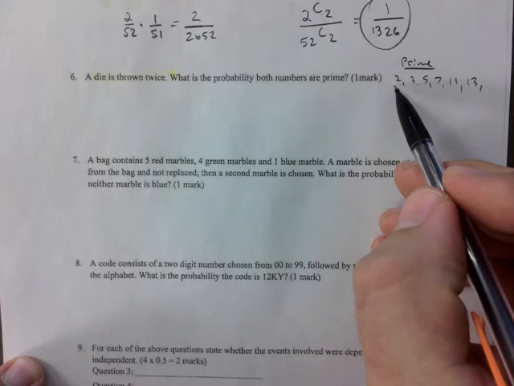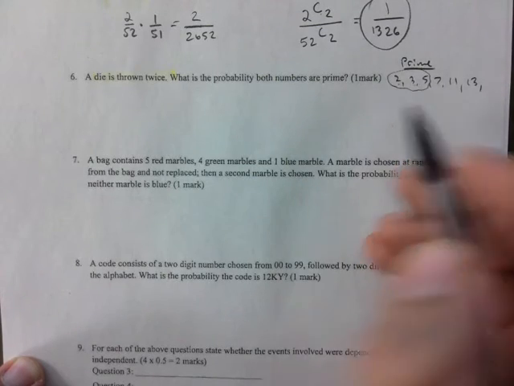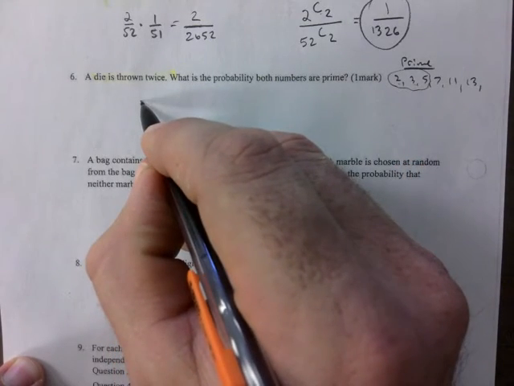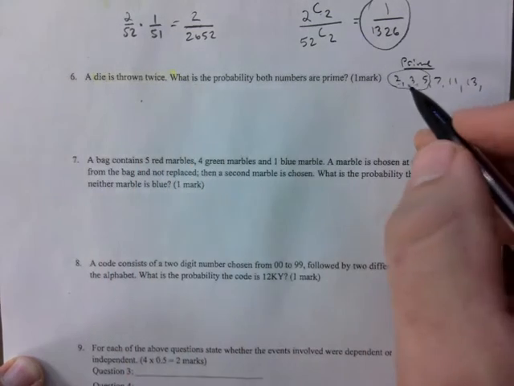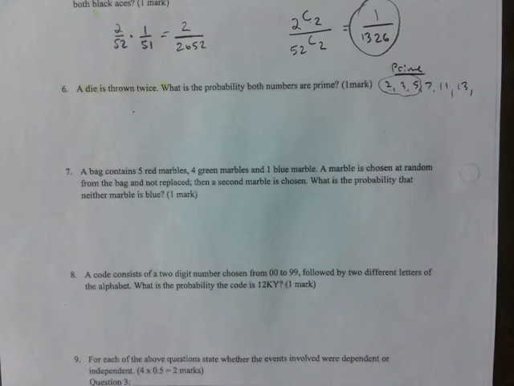So how many primes can you have on a die? 2, 3, 5, right? Oh, sorry. I don't think 1 is a prime. As a math teacher, I should know this, right?